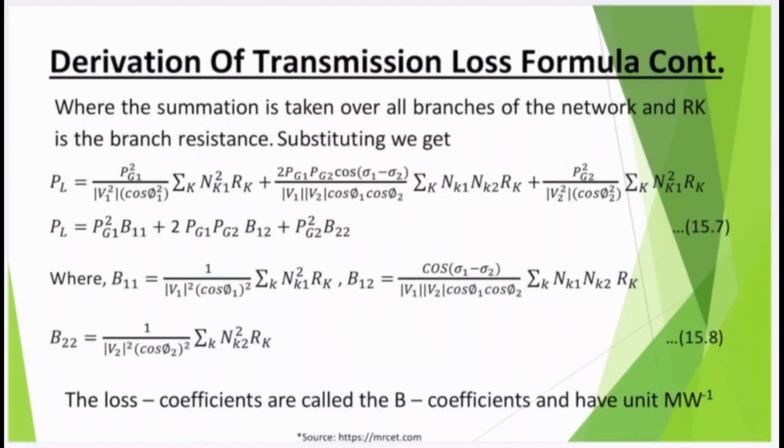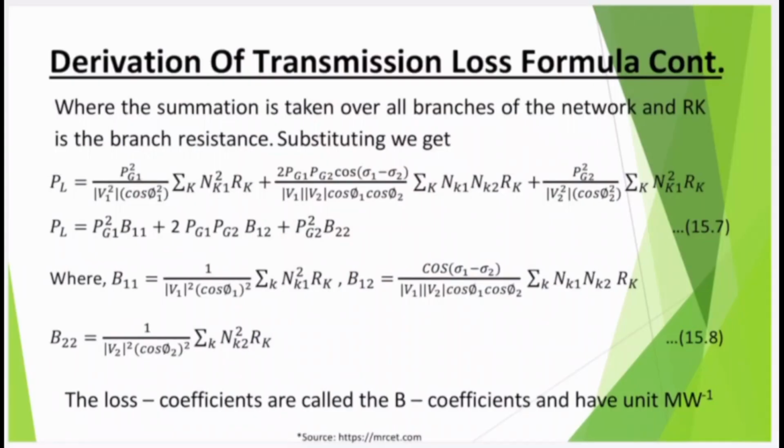So B11, B12, B21 and B22 can be determined based on the coefficients. Here I need your attention for some seconds. Once you calculate B11 of a network, B12, and B22, the loss formula can be generated based on equation number 15.7.